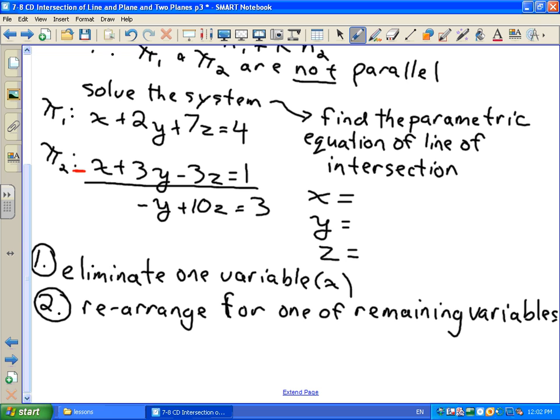And looking at this expression here, the easiest one to rearrange for is y. So I'm going to bring y over to the other side, the 3 back to the other side.